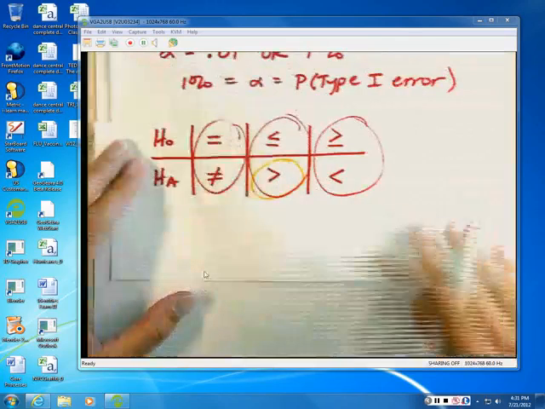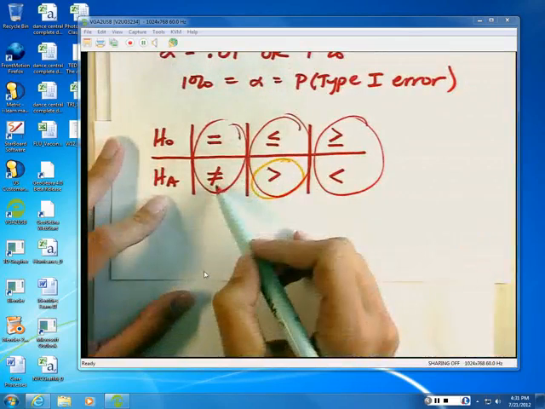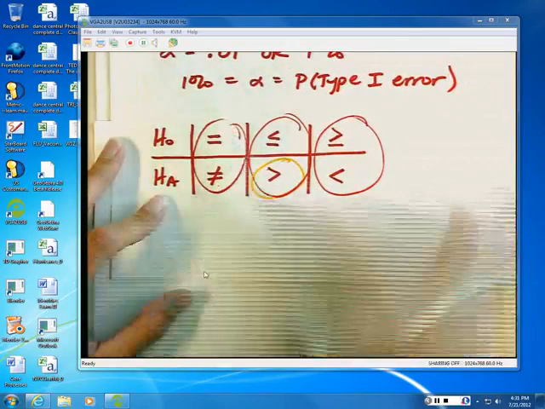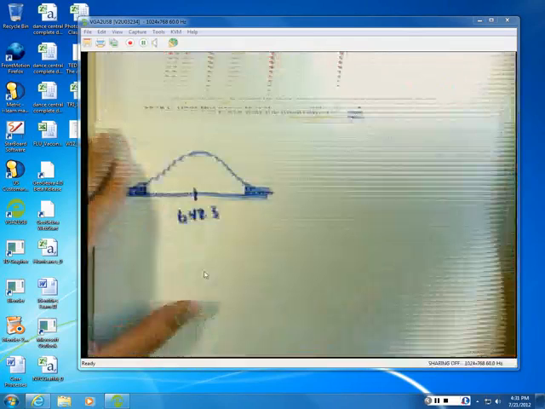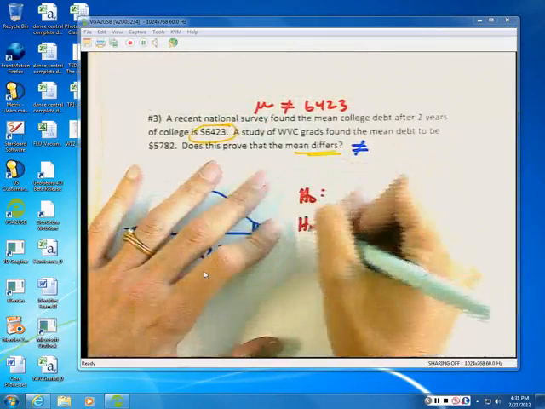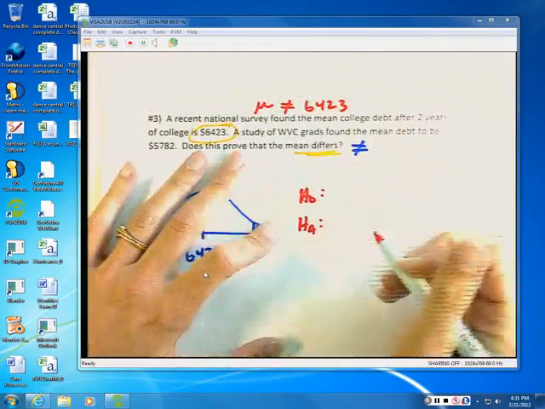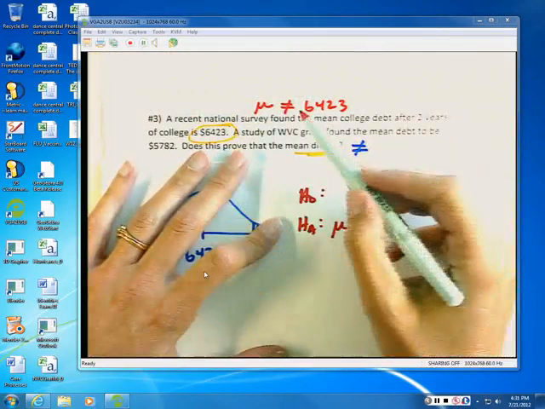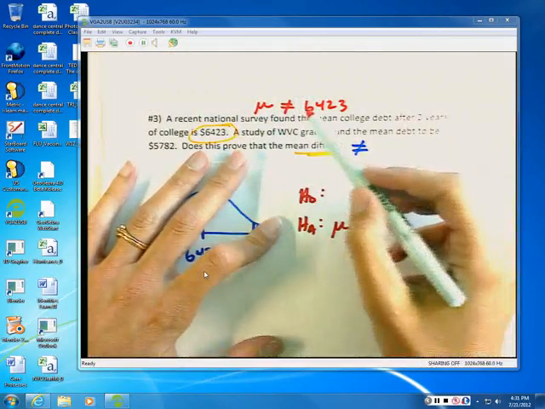So I look up at my chart, and not equals goes in the alternative hypothesis, equals goes in the null hypothesis. So I'm going to put that all together. So I have my null hypothesis, my alternative hypothesis. The not equal goes in the alternative based on my chart. Always the not equals, strictly less than, strictly greater than are alternative.